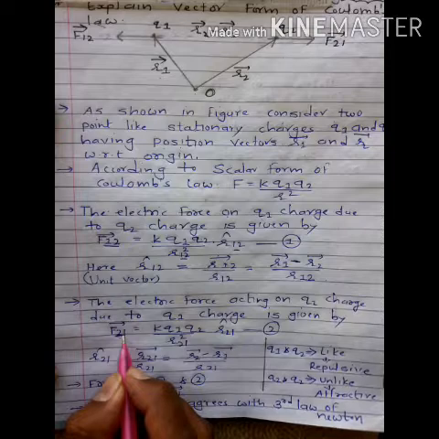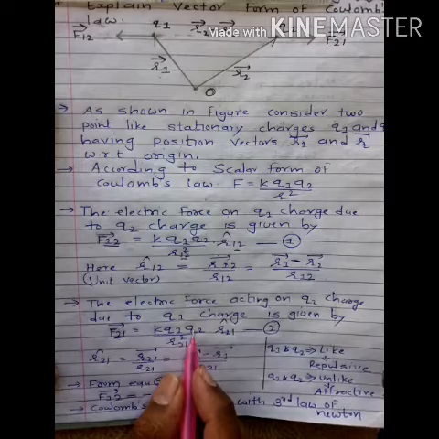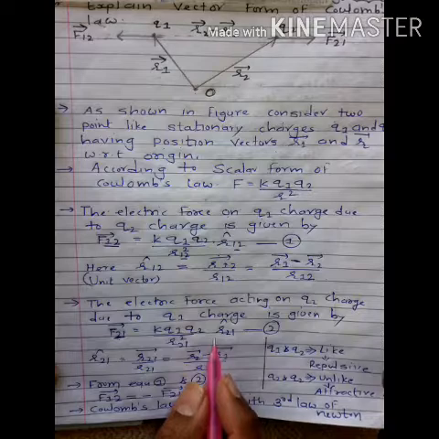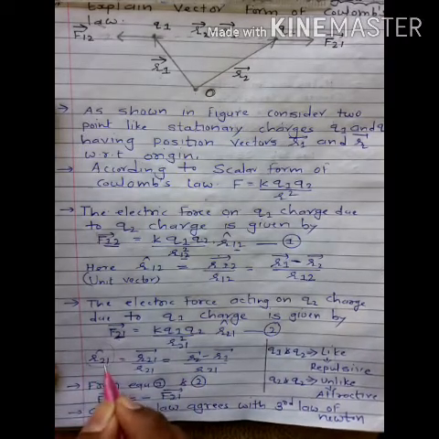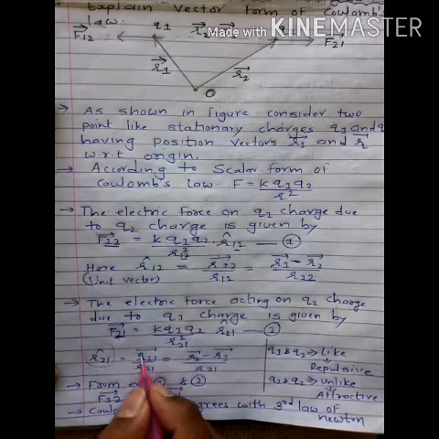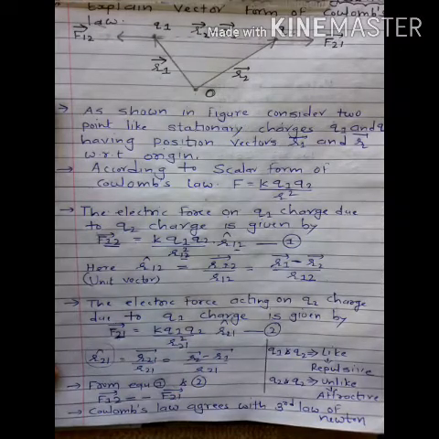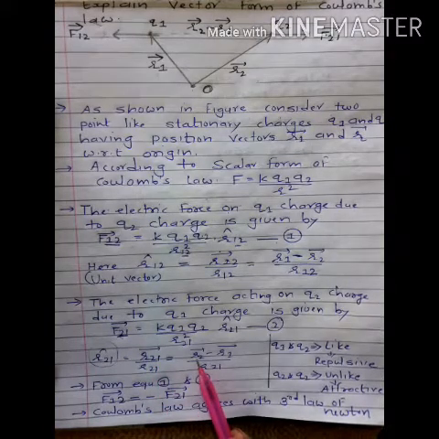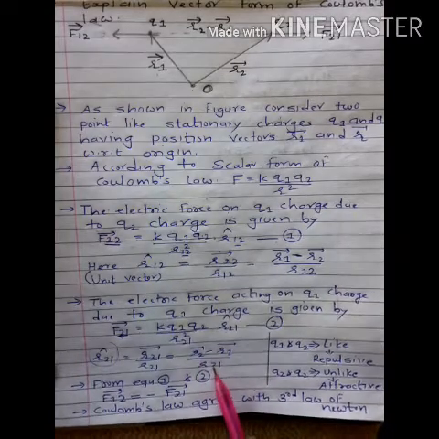So vector F21 is equal to k q1 q2 upon r21 square into r21 cap. Now again r21 cap is a unit vector and it is given by vector r21 upon only r21. Vector r21 is the displacement vector. It is given by vector r2 minus vector r1 upon r21.